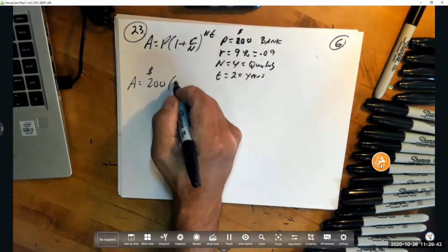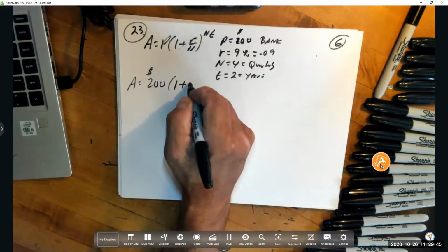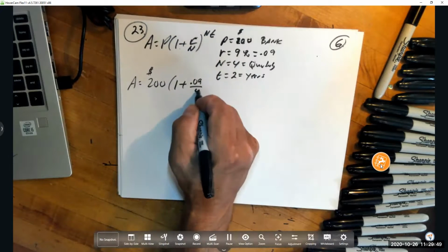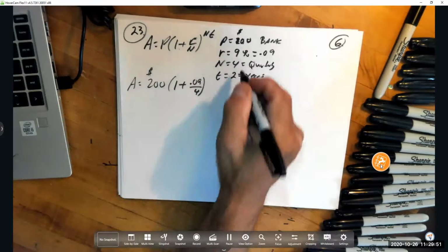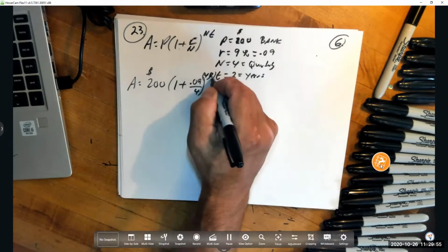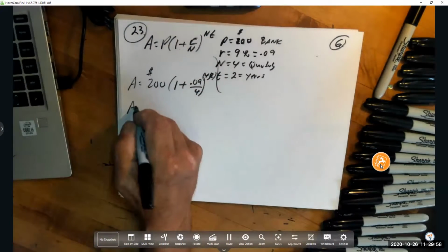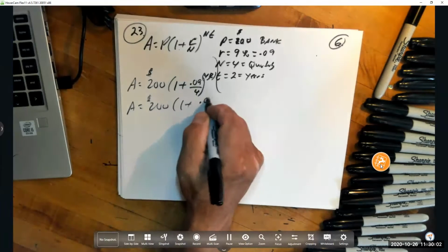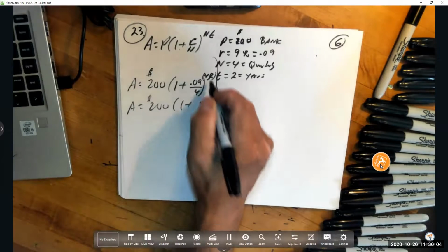So now 1 plus R is 0.09, and quarterly is 4, and it's going to be NT, so it's 4 times 2. So A is $200 times 1 plus 0.09 over 4 to the 8 power.